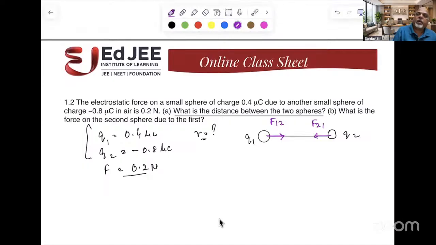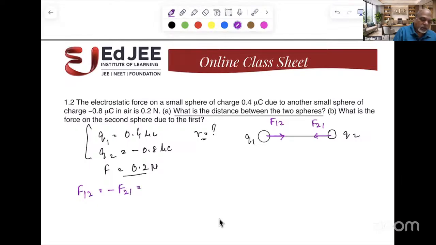Both will be the same in magnitude, and F12 is nothing but minus F21 because their directions are opposite.